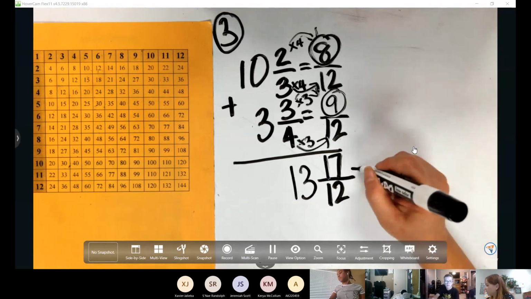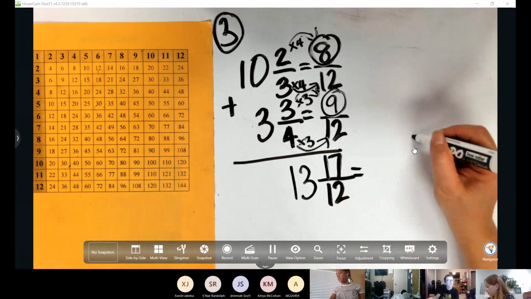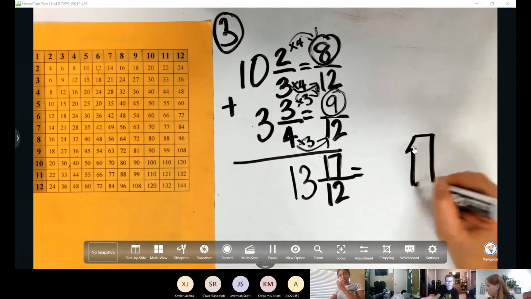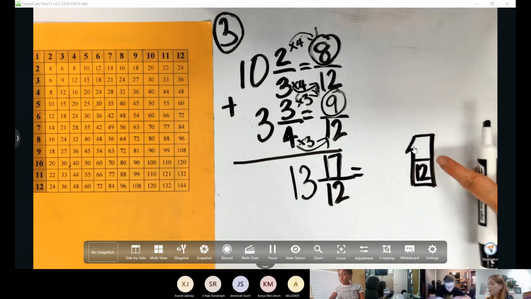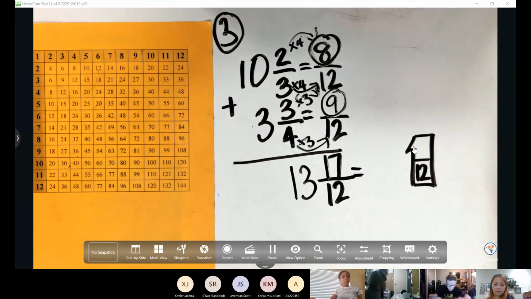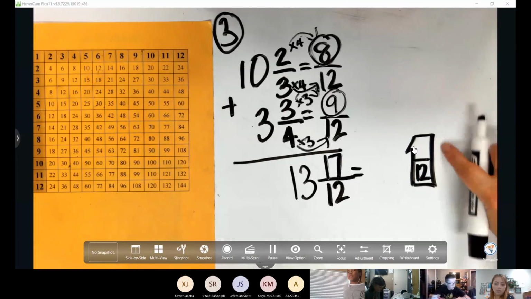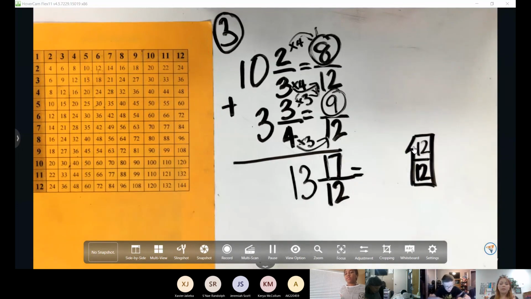Now, let's go ahead and break this apart so that it's proper. Do you agree with me that we're working with 12, so I can make 12s right here? In order for me to make one whole, what numerator do I need to make this fraction a whole? 12. Whatever is at the bottom, I need in the top to make it a whole.